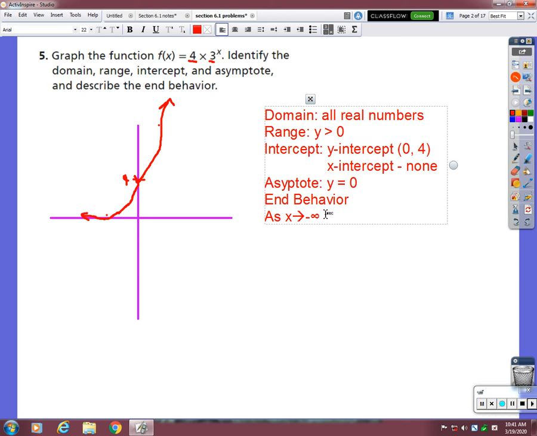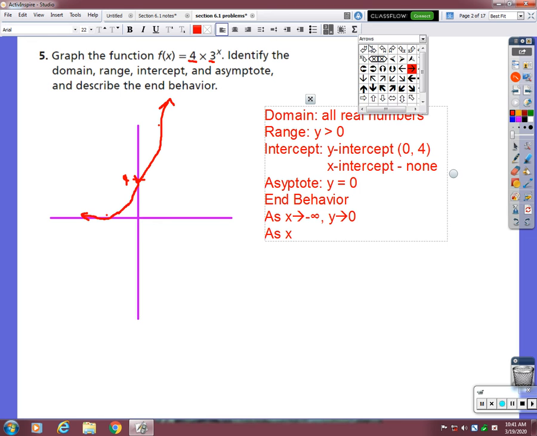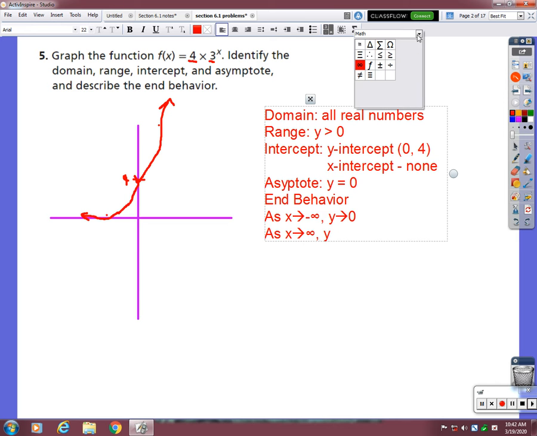Anyway, as x approaches negative infinity, the y values, as we go to the left here, approach 0, and as x approaches regular old infinity, y also approaches infinity.